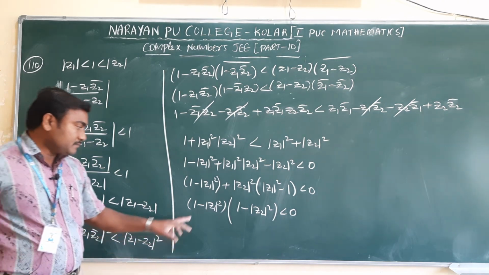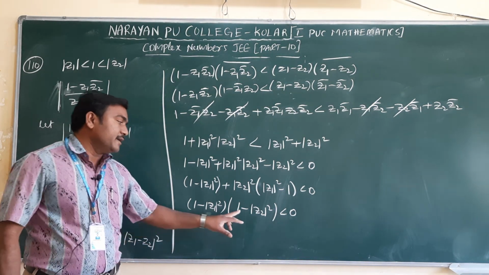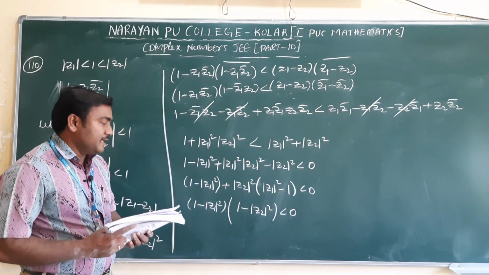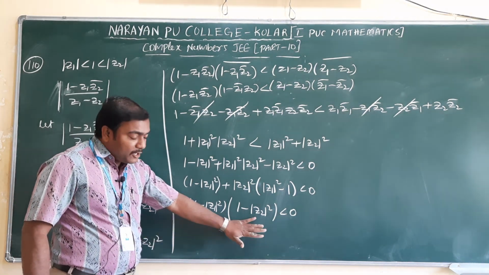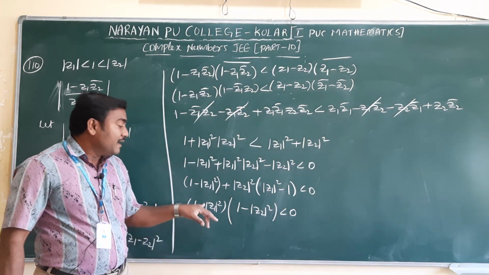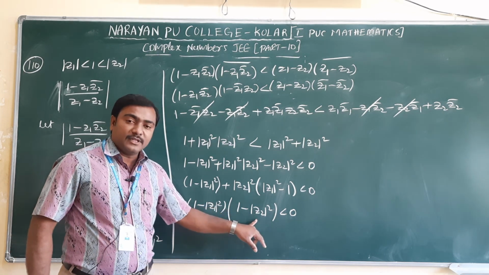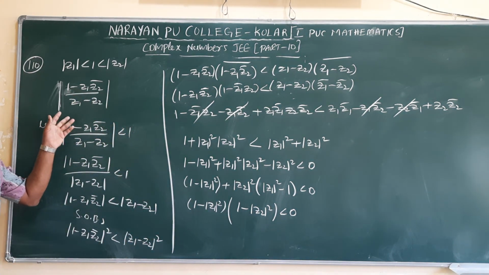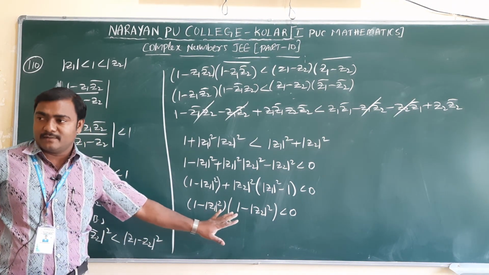Now the value, let us take 1 minus modulus of z1 square into 1 minus modulus of z2 square is less than 0. Now, the value should be less than 0, then we have to take the modulus of z1 is less than 1 and modulus of z2 is greater than 1, because they have given the condition. So already we have the modulus of z1 is less than 1.